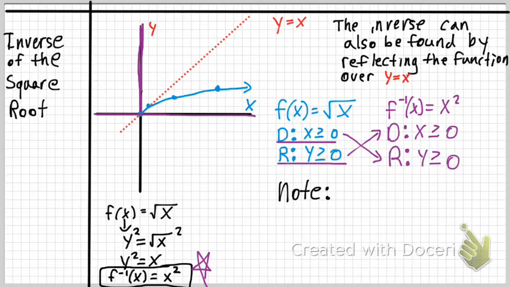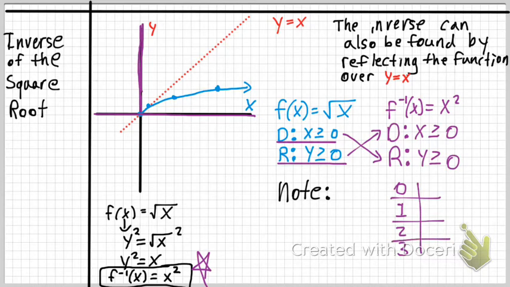So this restricts us to be only within the first quadrant. So let's start graphing some points. Let's input 0, 1, 2, and 3.